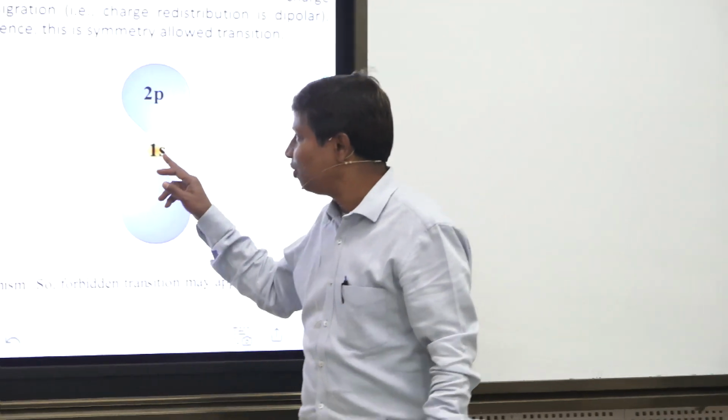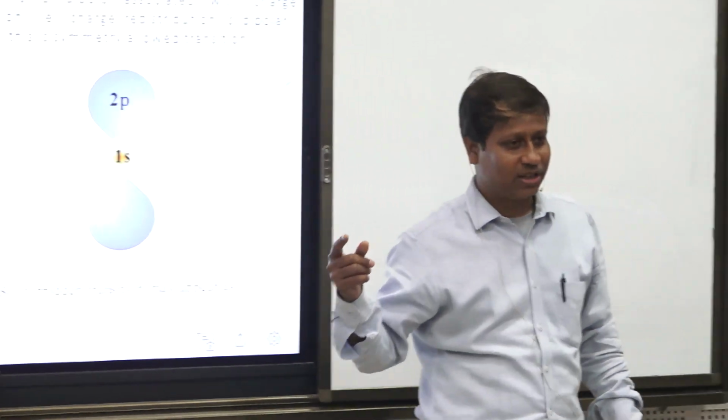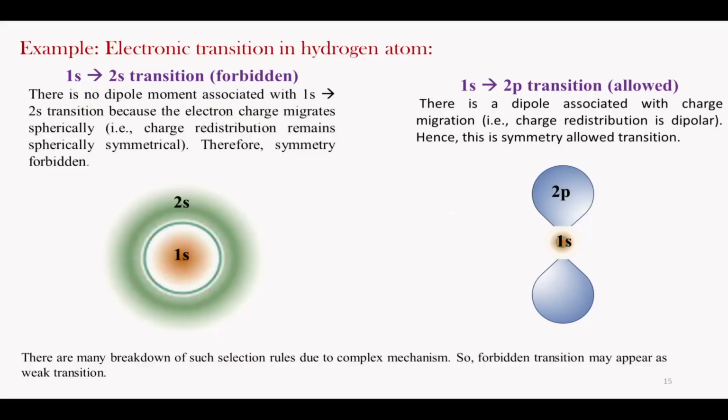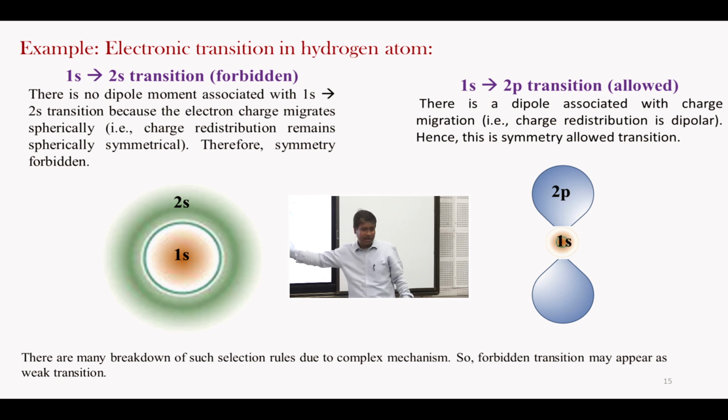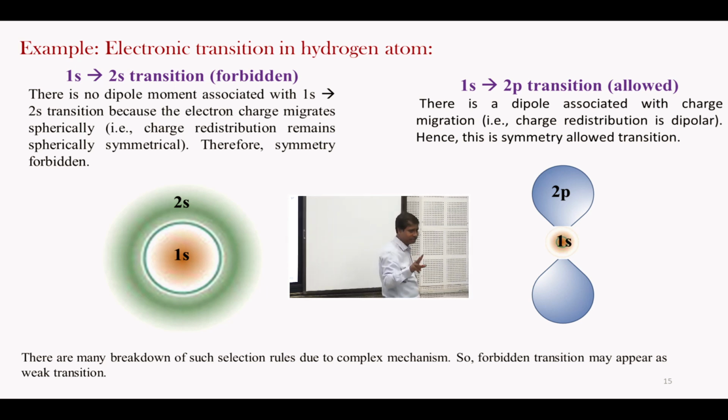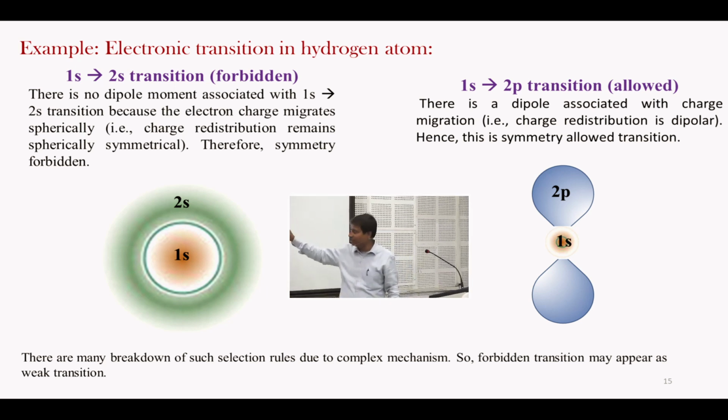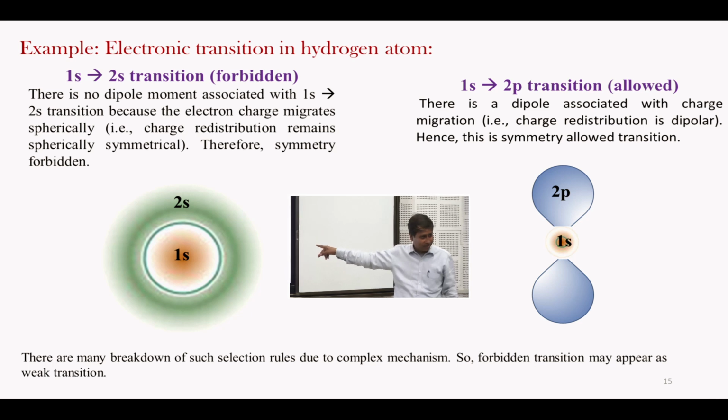On the other hand, from 1s to 2p, there will be a transition. Simple logic is that there should be a change in the dipole moment, a redistribution of the electron density. That is not happening there, it is happening here. So two factors guide you: the symmetry one and the spin.